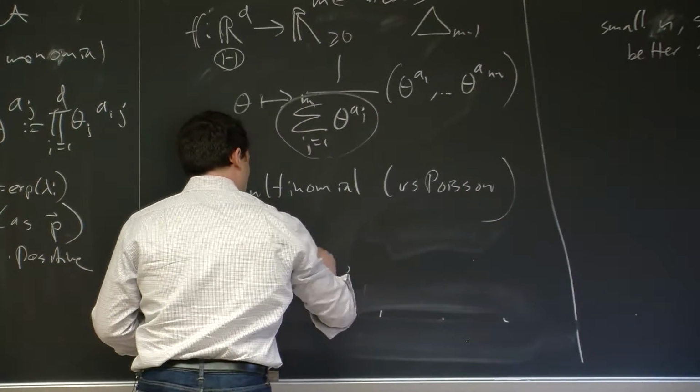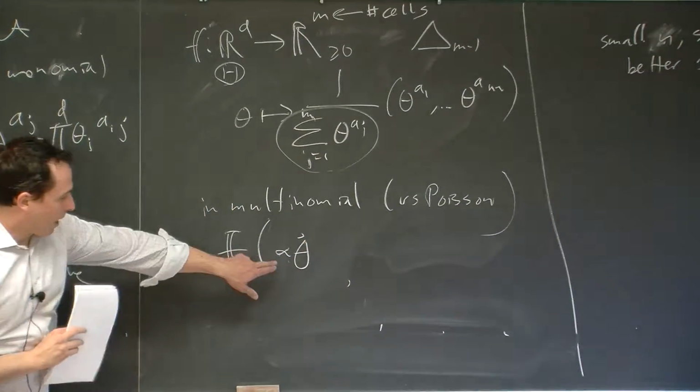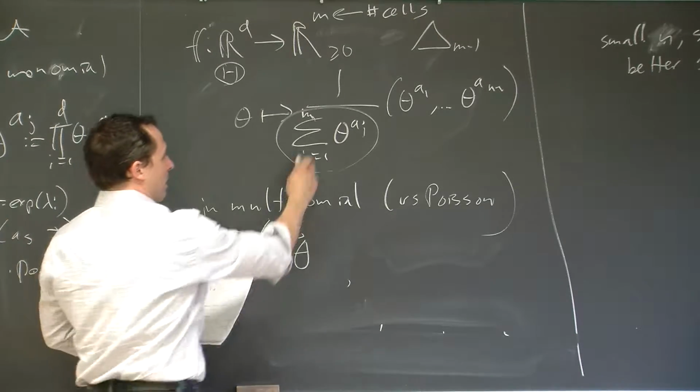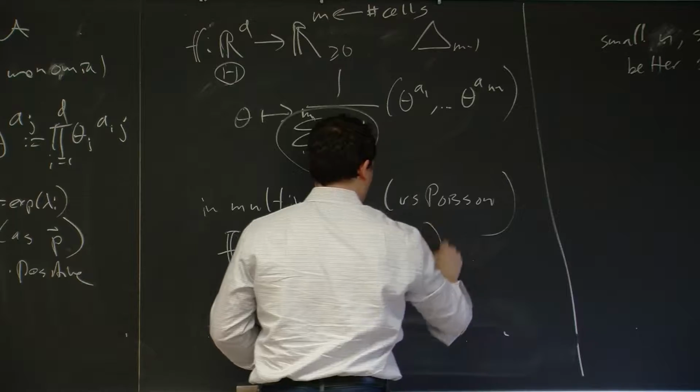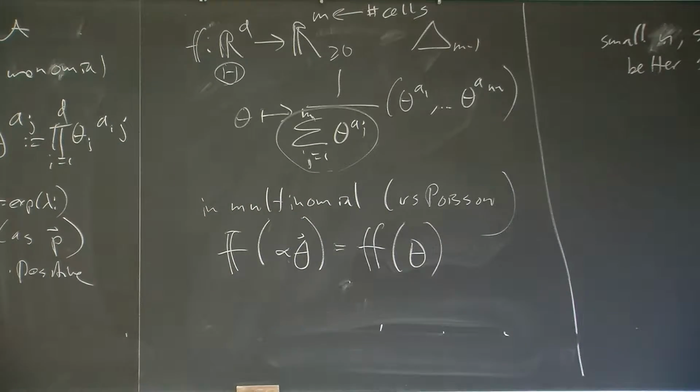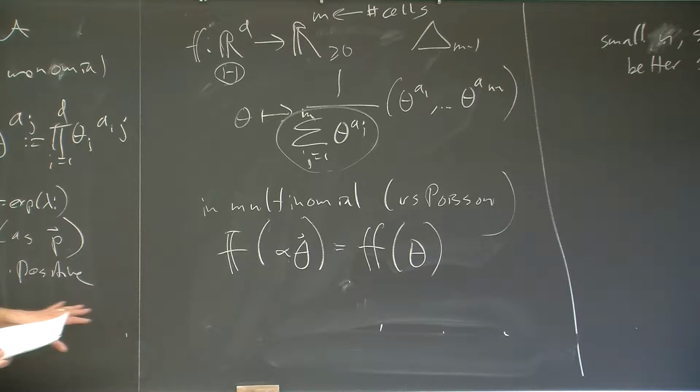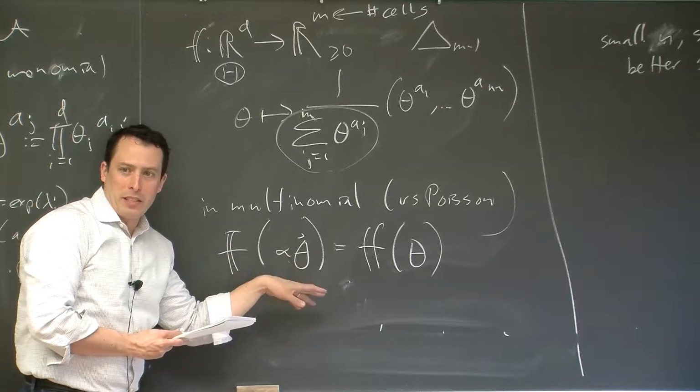But if I take the input vector and scale it by something, because I've divided here, it doesn't change what I get. The scaling is like changing the global rate, and from the multinomial point of view, that's not important. So that doesn't change anything. And this is kind of why the dimension drops by 1.